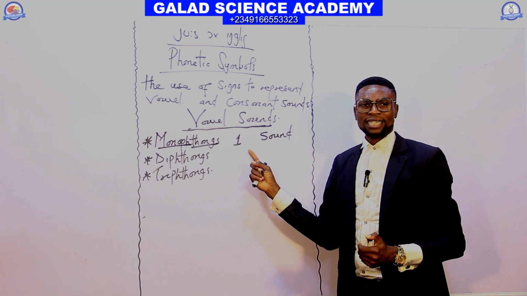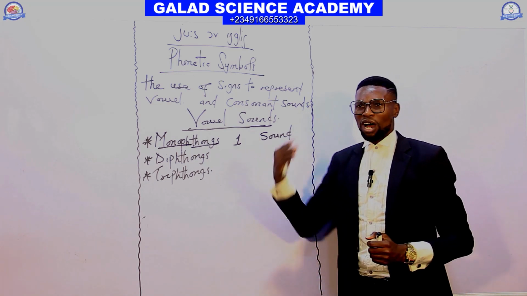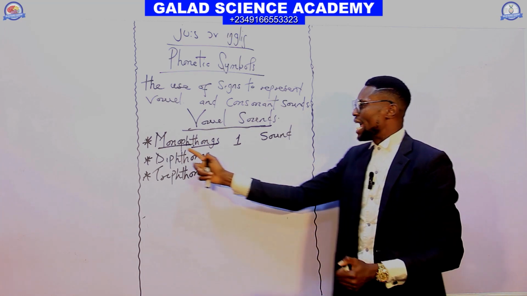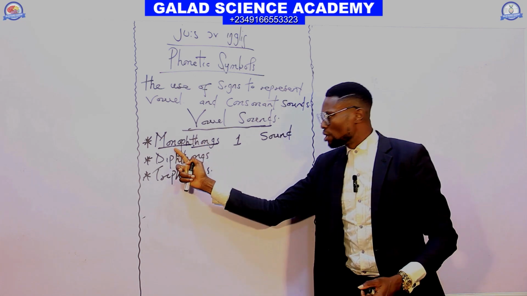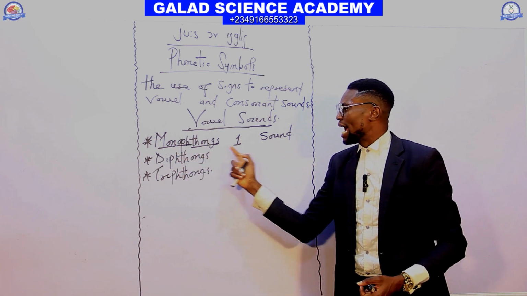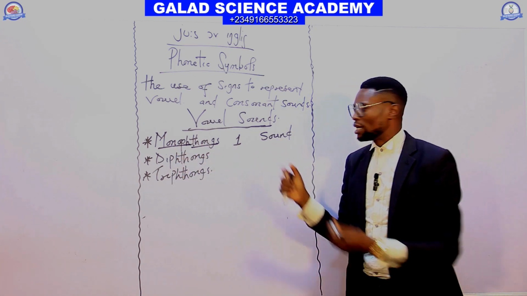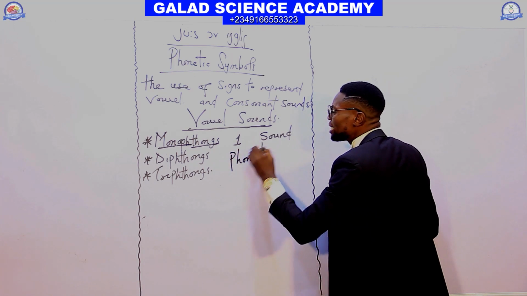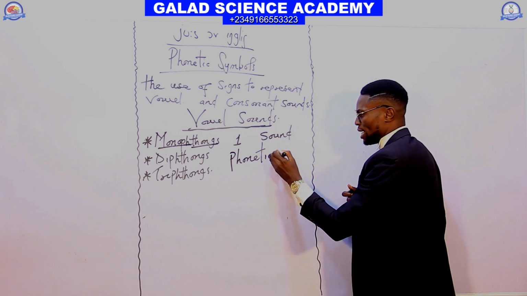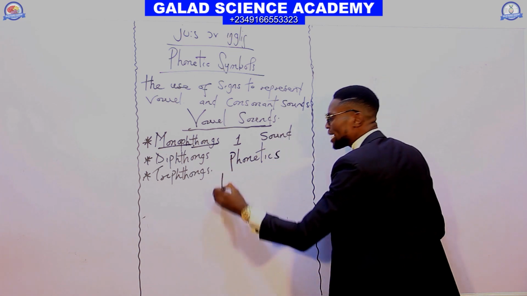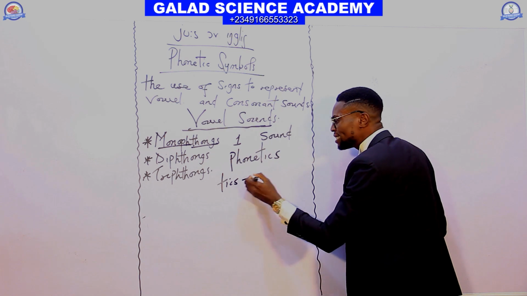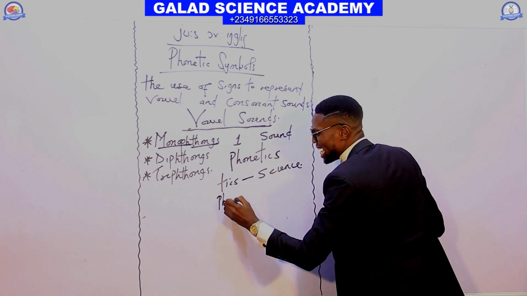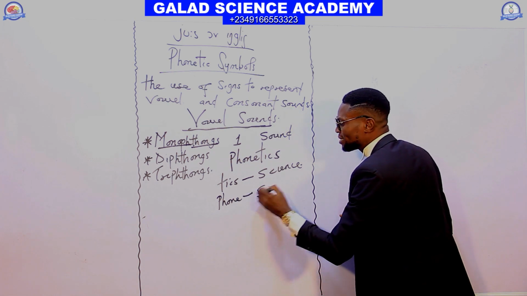We'll discover that in English, the origin is always from Greek or Latin, just like monophthongs. Mono in Greek means one, and phthong in Greek means sound. In Latin, if I have phonetics, tics implies signs, and phone in Latin implies sound.